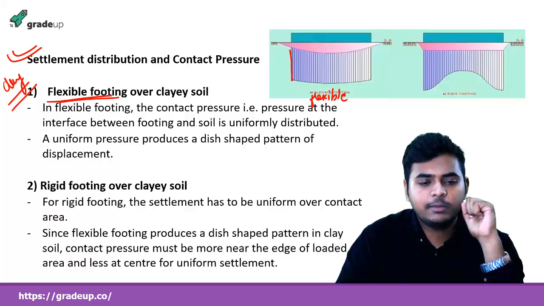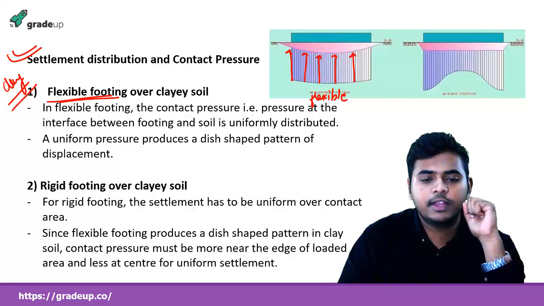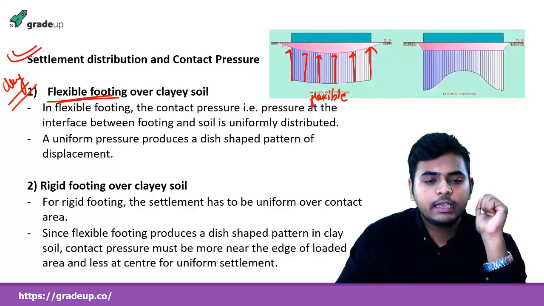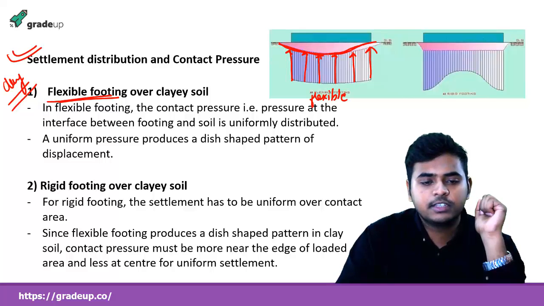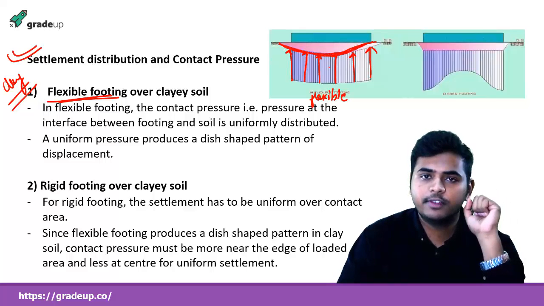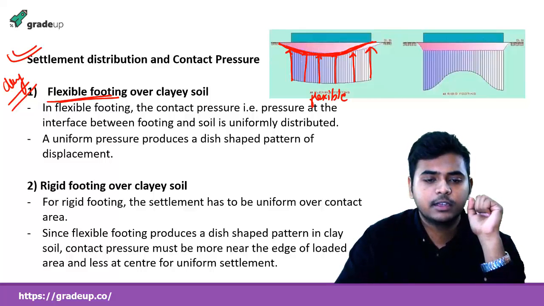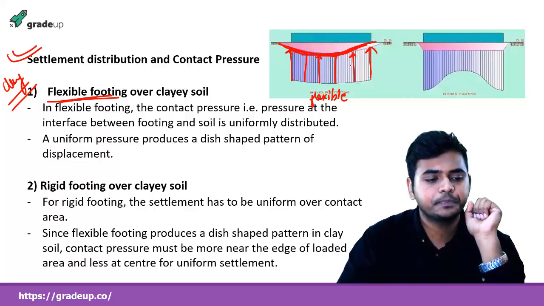So this contact pressure which is acting is uniformly distributed in case of flexible footing. So here what we observe is a uniform, plate-like, dish shaped settlement occurs in case of flexible footing over clayey soil. You have to remember this. You have to just keep in mind this figure.